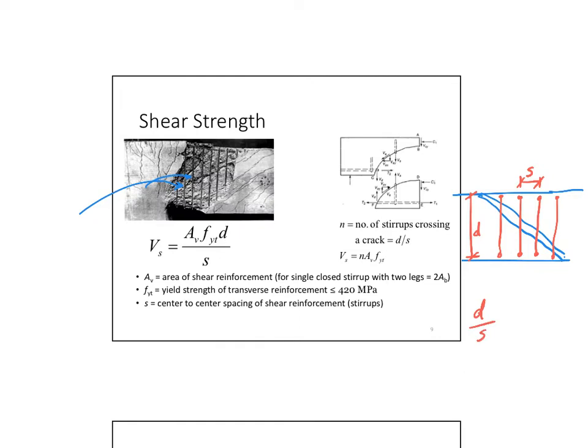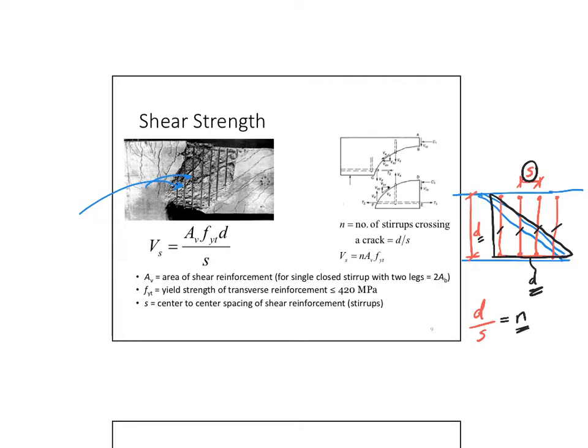Because if I consider this as a 45 degrees, then if this is d, then this is also d. Then the number of stirrups here, 1, 2, 3, 4, that will be involved in the resistance of this shear crack will be equal to the distance d divided by the spacing S. So this here is the number of stirrups, N.